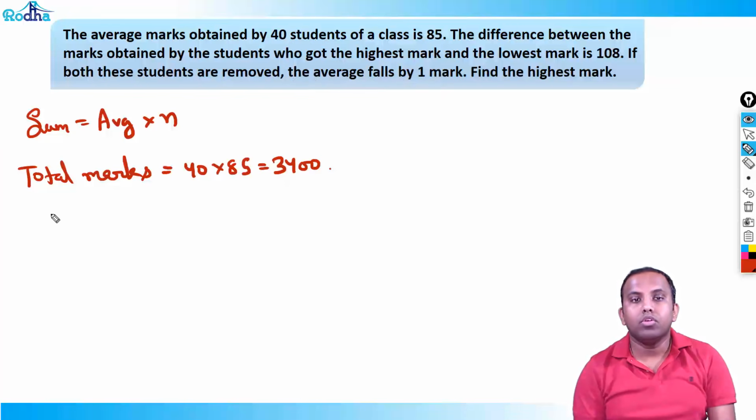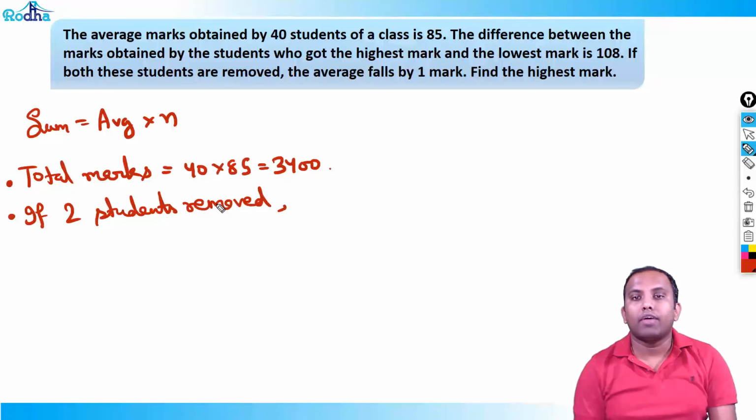So if two students are removed, the average comes down by 1 mark. What are the total marks now?